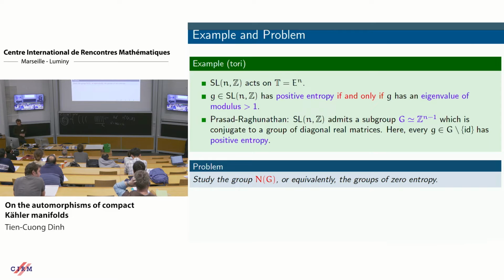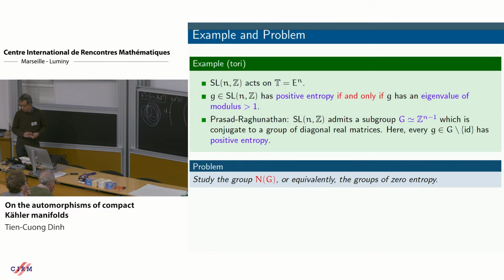And actually, according to a theorem by Prasad and Raghunathan in 1972, this group admits an abelian subgroup of rank n-1, which is conjugate to a group of diagonal real matrices.